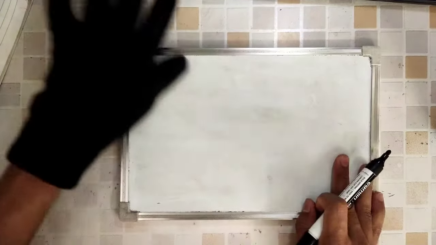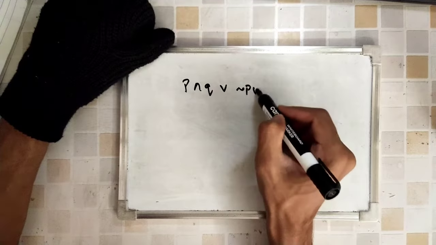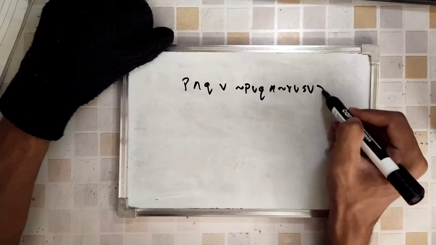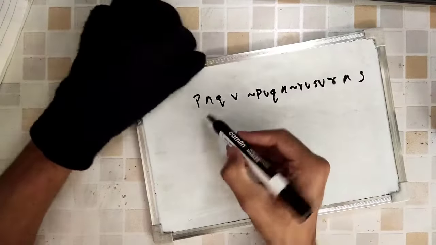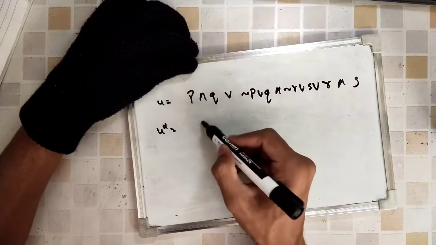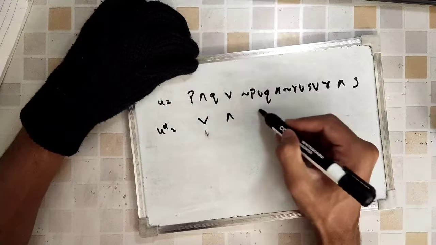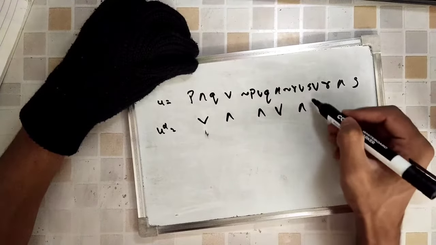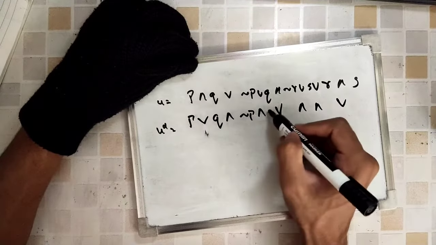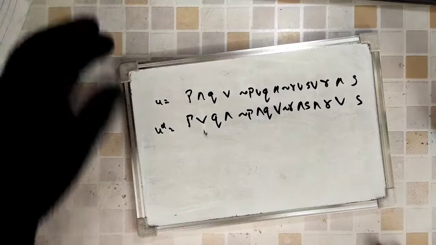Okay, I'll just take an example. I have P and Q or negation P or (Q and negation R) or S, and then again I have R and S. First I write U is equal to this. Now U D is equal to the same symbols, but and becomes or, and or becomes and: P Q negation P Q negation R S. You understood, right?